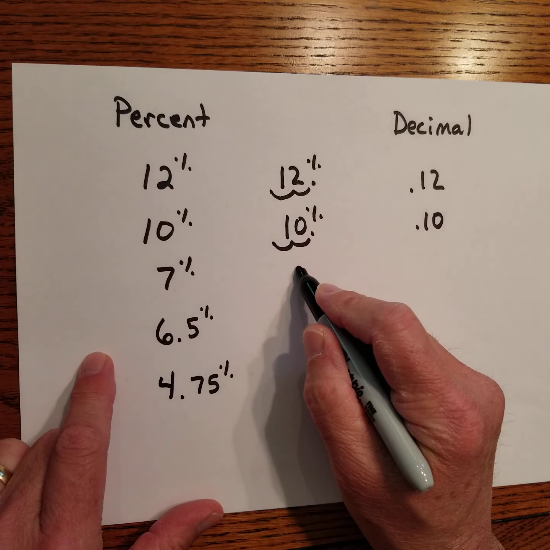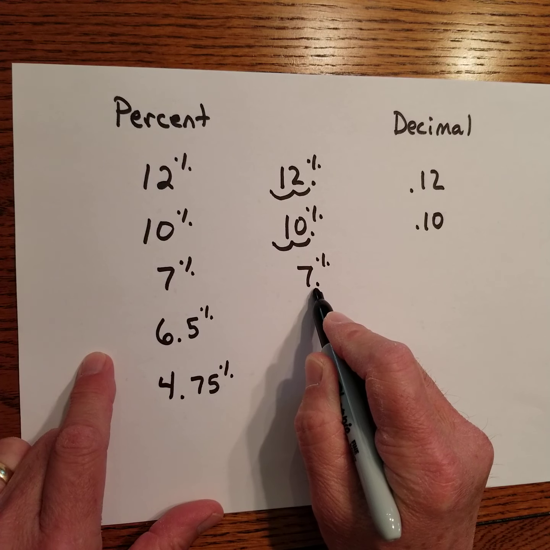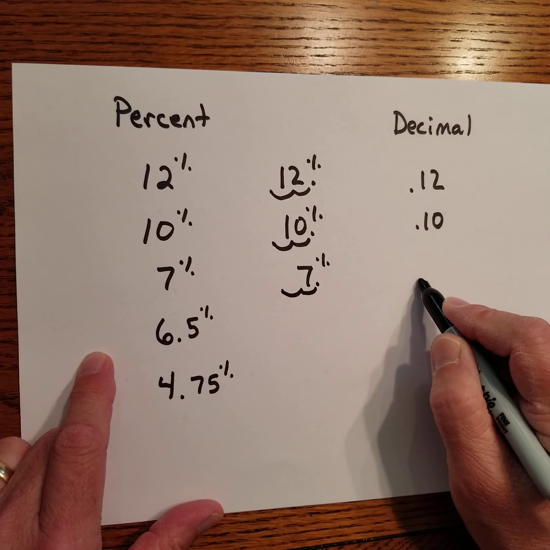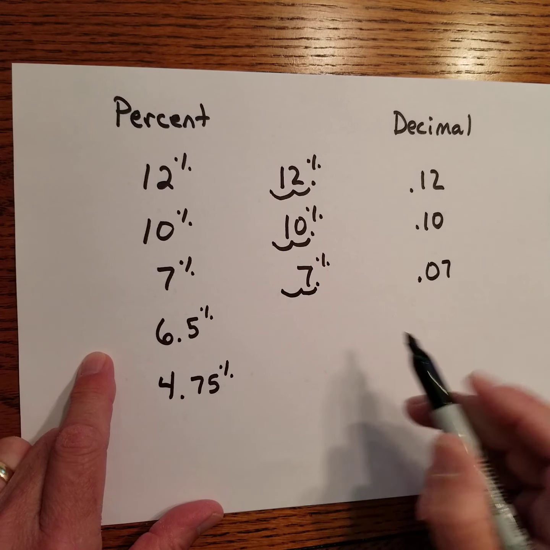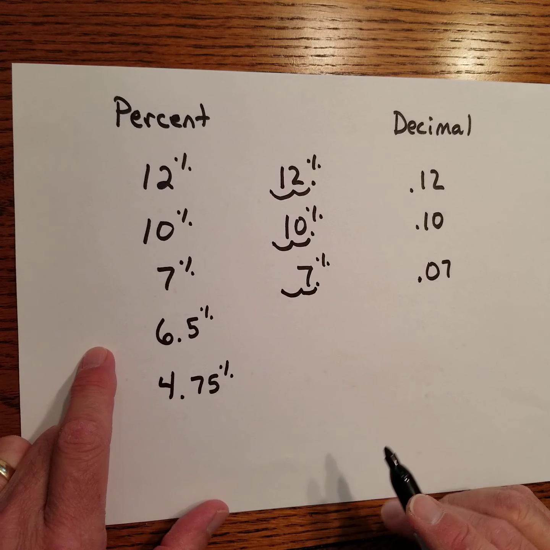If my percentage is 7% and I move the decimal point 2 spots to the left, I have room for a 0 between the decimal point and the 7. 7% is 0.07.